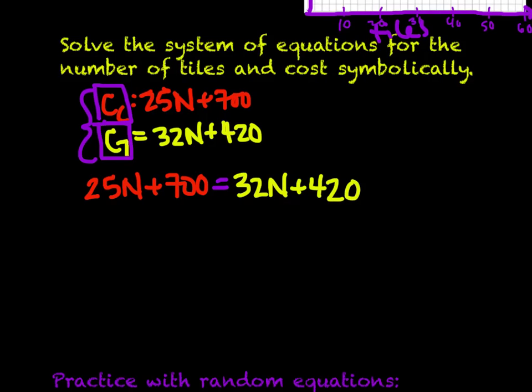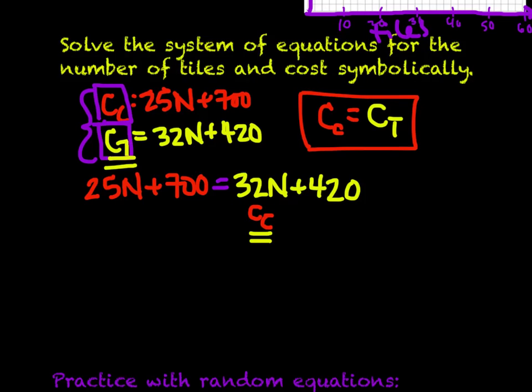What I did just now is I substituted, instead of writing c sub c on the end, I know that c sub t needs to equal c sub c. They need to be equal if we have the same number of tiles. We're finding that cross section, or that one point where everything matches up. And in order to do that, we can essentially make those two equations equal. And from there, we're just going to solve it. We're going to do the math.